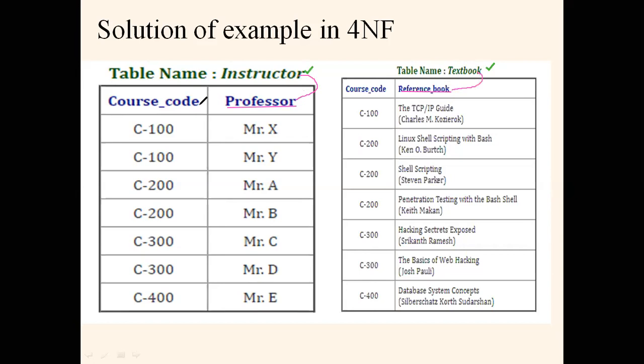Because these two columns, the course code here and the course code there, are similar, it is repeating values with different attributes, where we make the other attribute a primary key. So the course code depends on a professor, and in the textbook table the course code depends on a reference book.